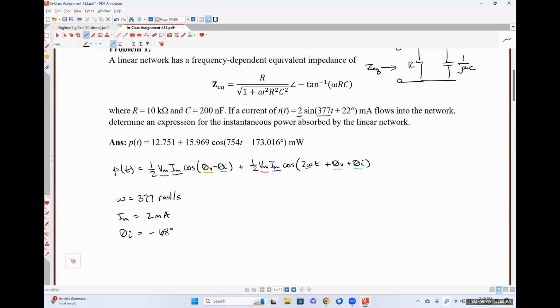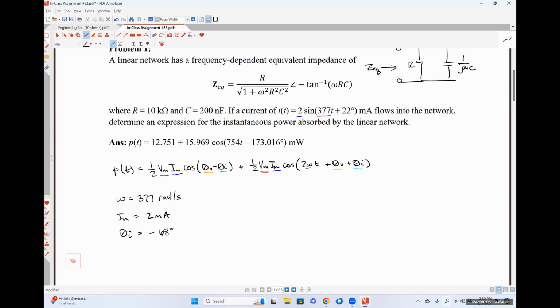Anyone have any thoughts on how we might figure those out? Well, we can probably convert to polar form for ZEQ, and then we can also do that for the current equation and then divide. It'll be multiply because of Ohm's law, but you're on the right track.